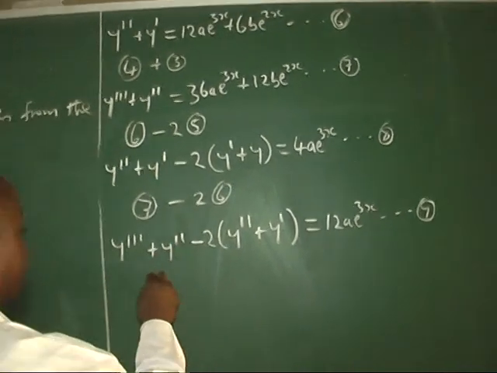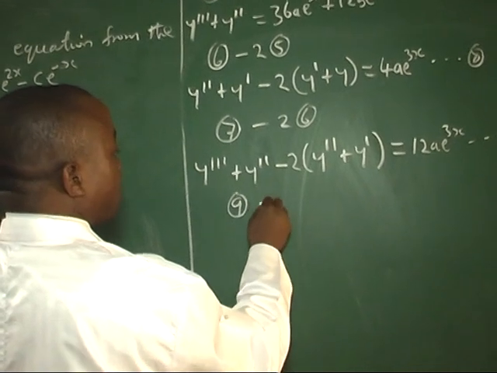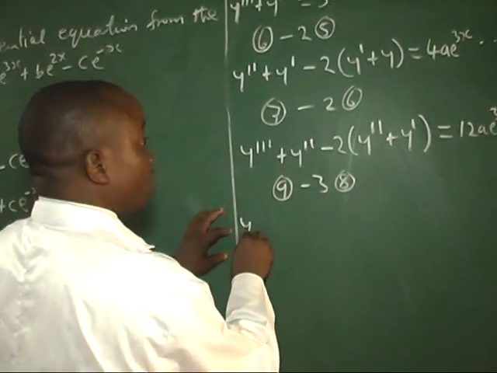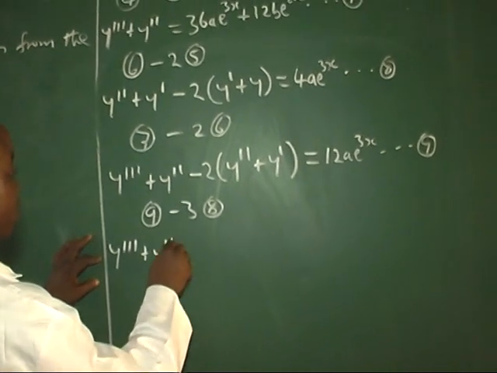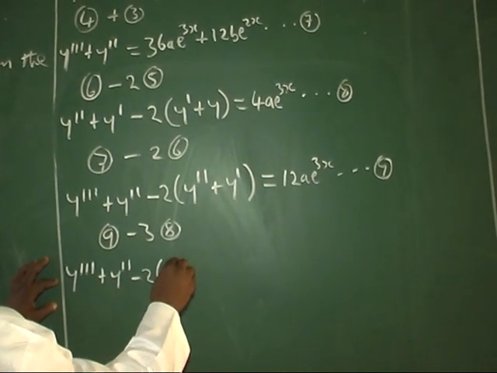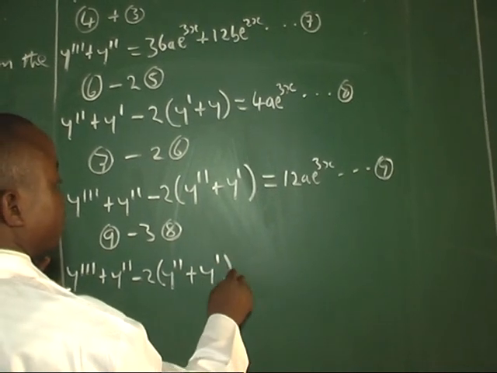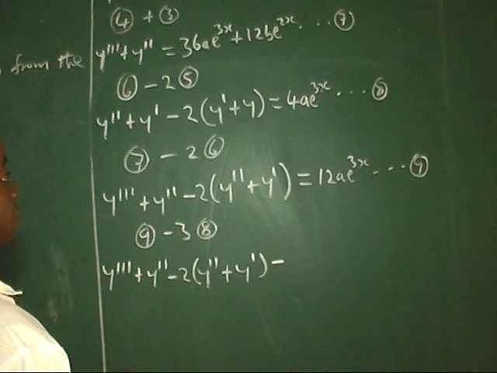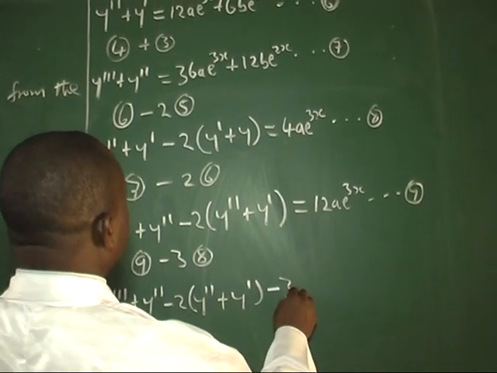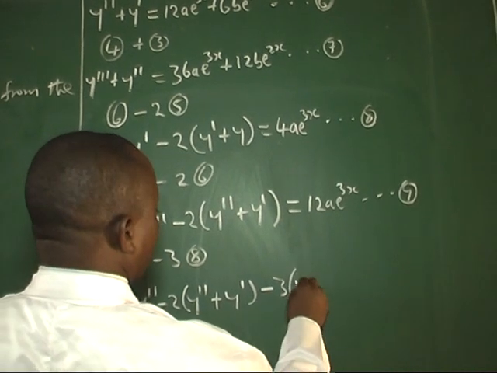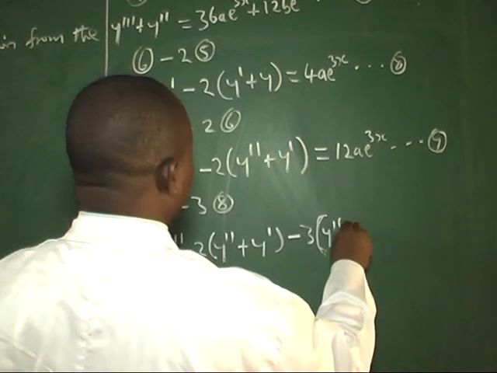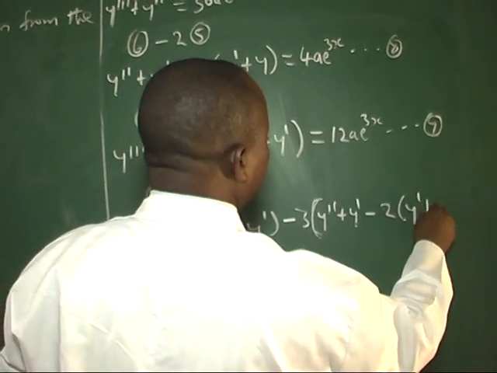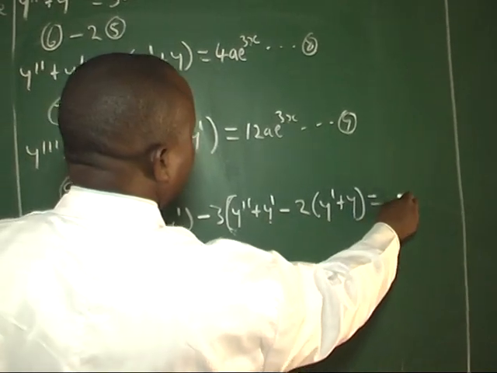So equation 9 minus 3 times equation 8. This gives us y''' plus y'' minus 2y' plus y, minus 3 of this, that's minus 3, right? y'' plus y' minus 2y' plus y will be equal to 0.